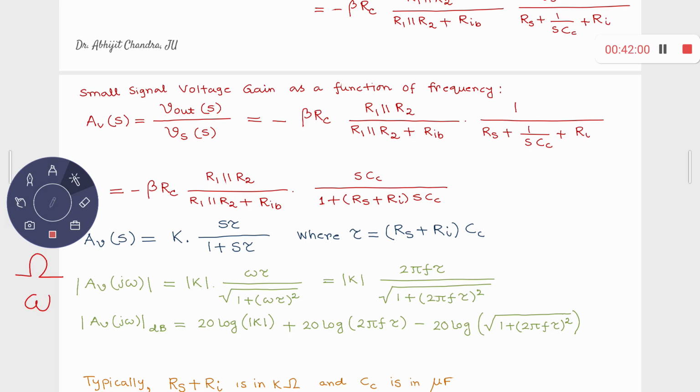It's not possible. Whenever you have variations from a few tens to 10 to the power 6, a 5 or 6 order difference, it is not possible to represent the same thing on a linear graph paper. So then we have to take the help of the logarithmic graph paper.